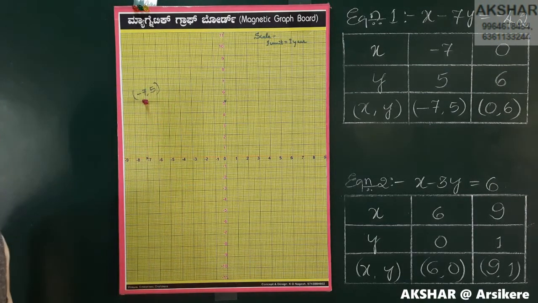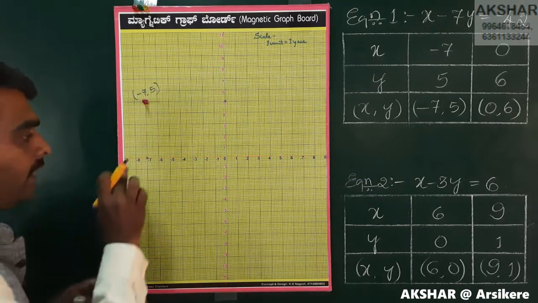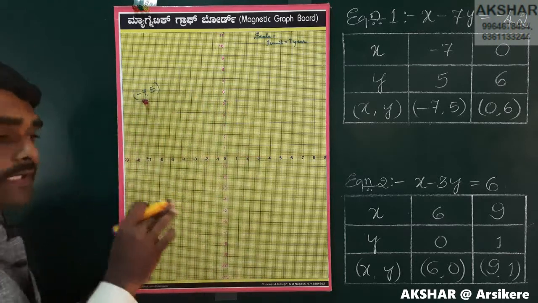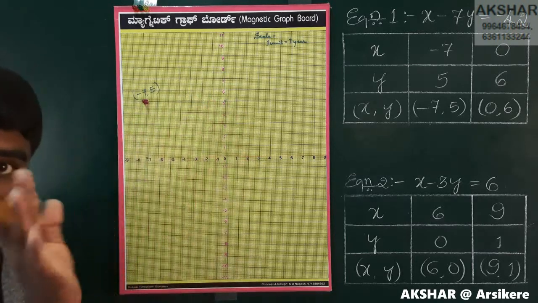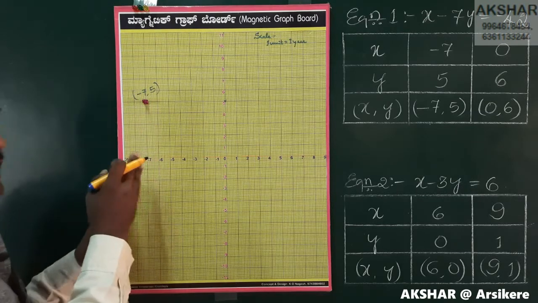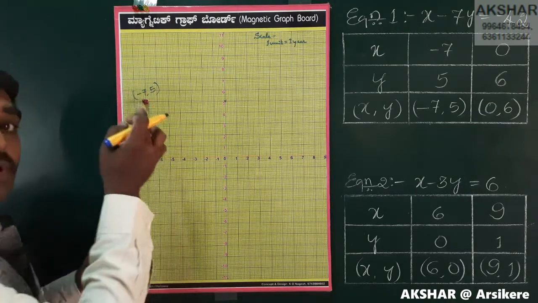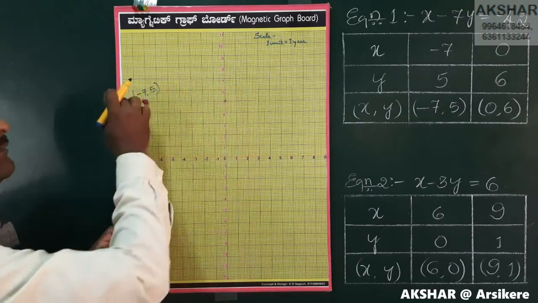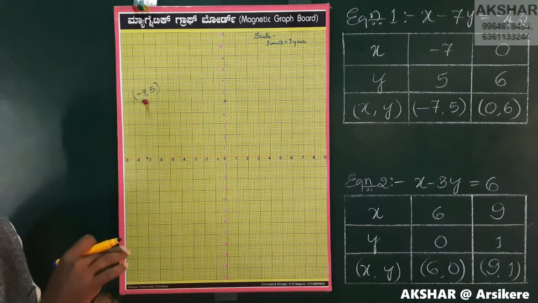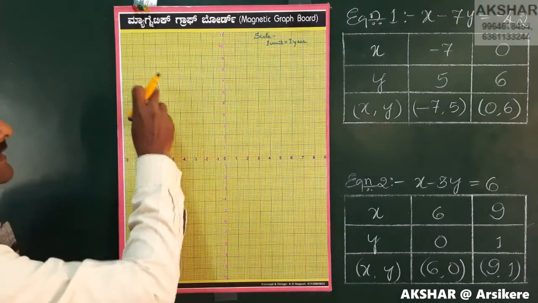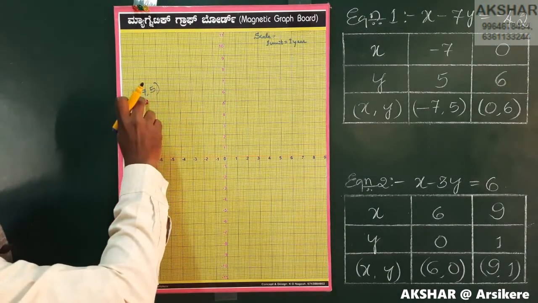My dear children, remember carefully, -7 and 5 are here, but these are not the coordinates. The coordinates are the perpendicular intersection of the -7 and +5 lines. So -7, 5 is this coordinate point.